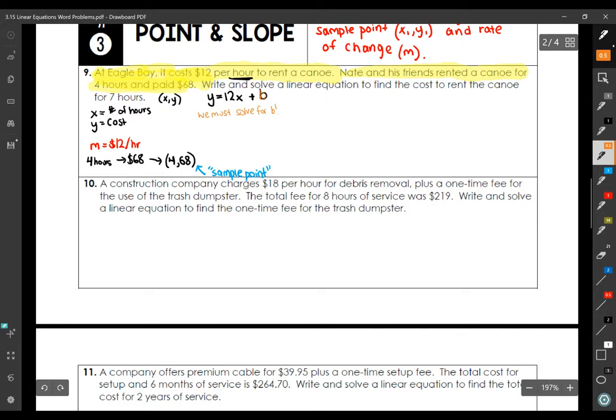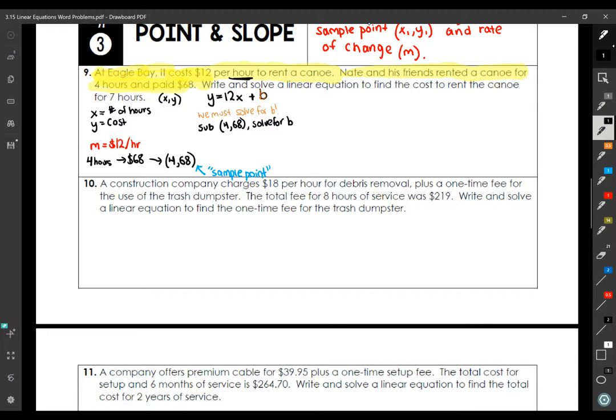We're going to plug in our point. We're going to substitute the point 4, 68, and use that to solve for b. I'm going to run out of room, but that's fine. I'll resize it later.